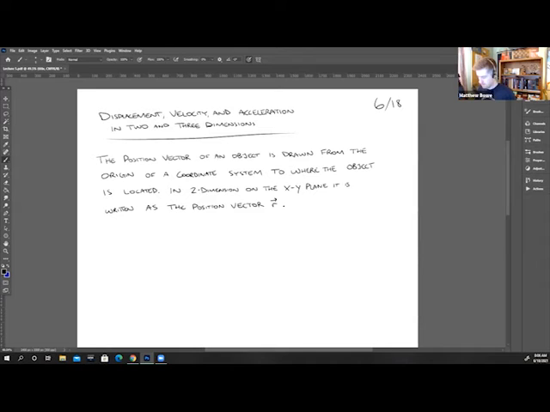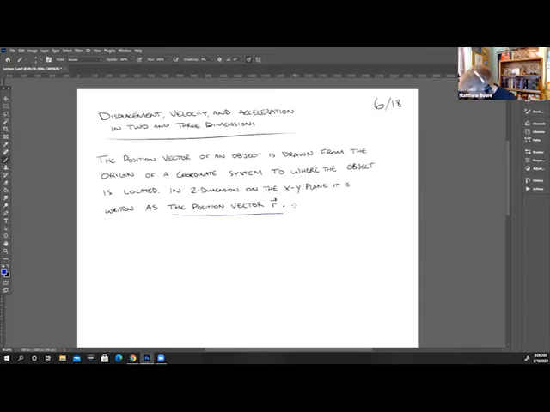So the position vector, in 1 dimension, we could just say that's the x vector, or if it's something moving vertically, it's the y vector. When we are beginning to combine 2 coordinates, we need to start having this position vector r, lowercase r.